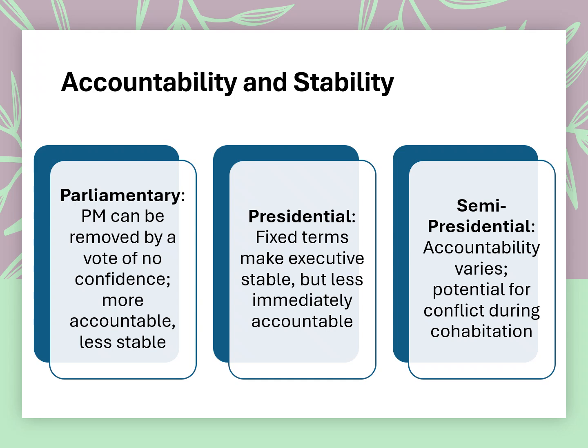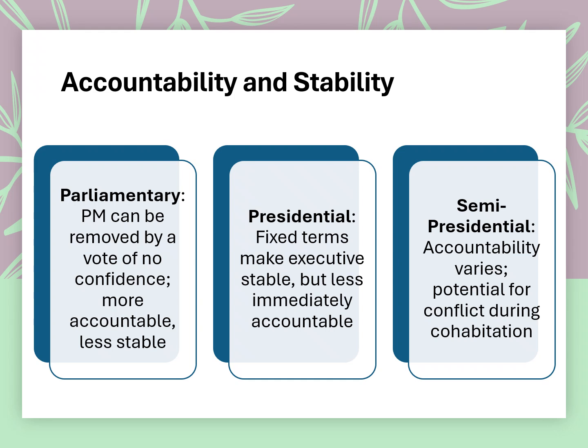Well, in the parliamentary system, the prime minister can be quickly removed by a vote of no confidence. This makes them highly accountable, but can lead to instability. In the presidential system, the president serves a fixed term, making them less accountable in the short term, but more stable.